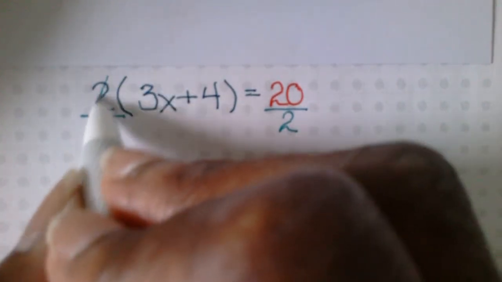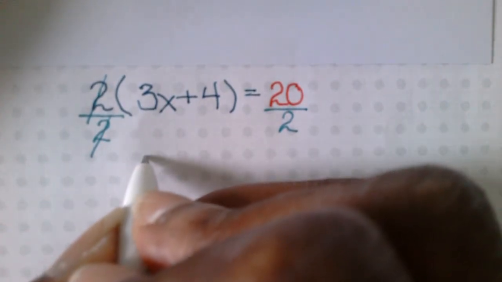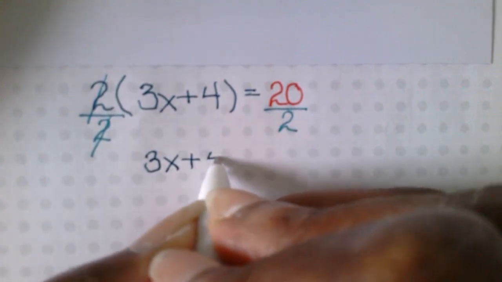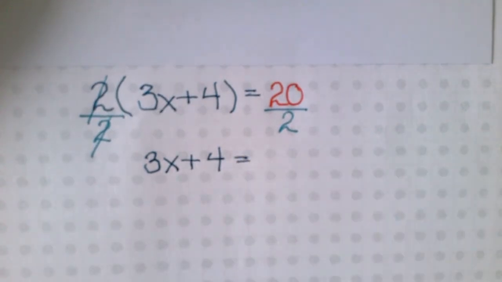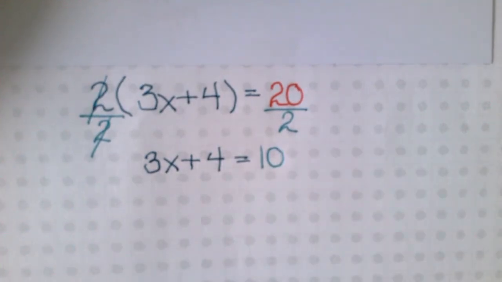So then we have 2 divided by 2. That gives me 1. And 1 times anything is itself. So we have our 3x plus 4. That's going to come on down. And then our 20 divided by 2. That gives us 10.